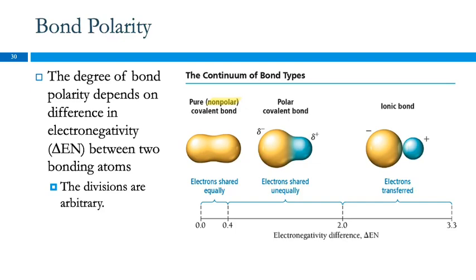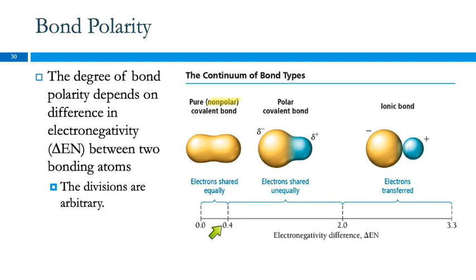You can also have that with carbon and sulfur, which have the same electronegativity. Nitrogen and chlorine have the same electronegativity. Those are weird ones, yeah.